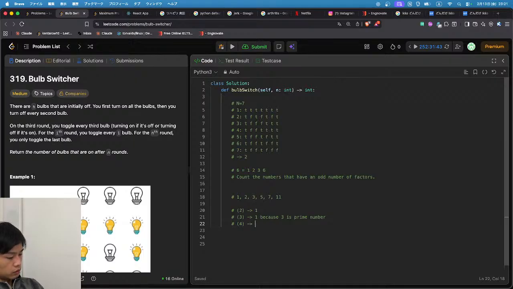For example, 4 is 1, 2, and 4. So it should be incremented.